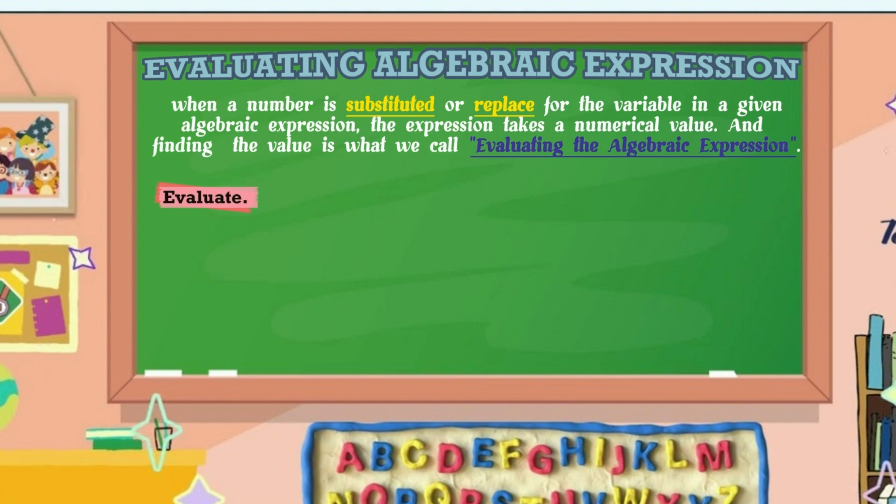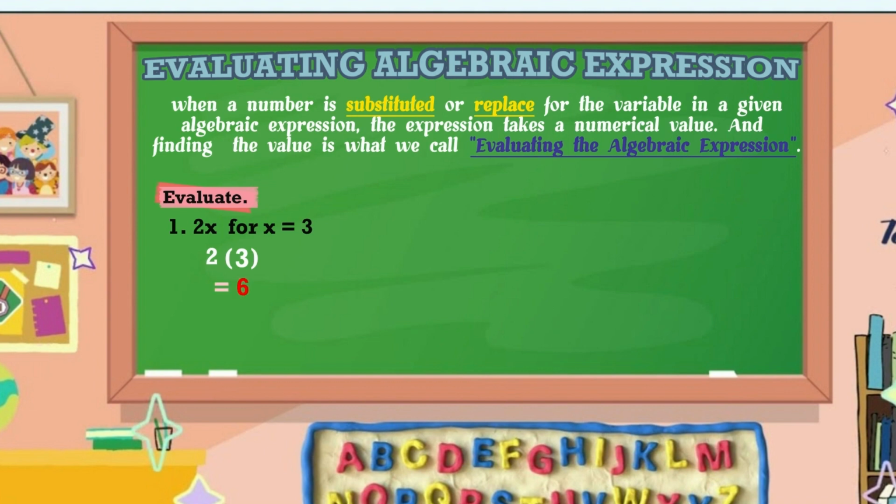For example, evaluate 2x for x is equals to 3. So our variable here, which is x, will be substituted with the particular value, which is 3. So copy the given coefficient, which is 2, then replace the x with 3. So 2 times 3 will be 6.